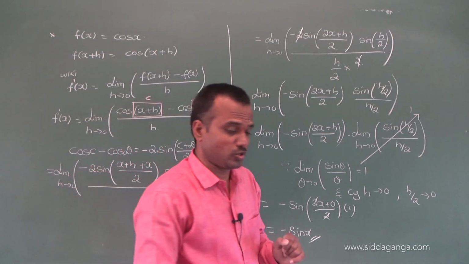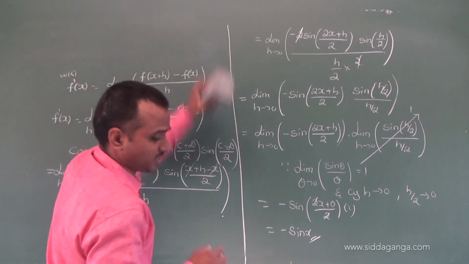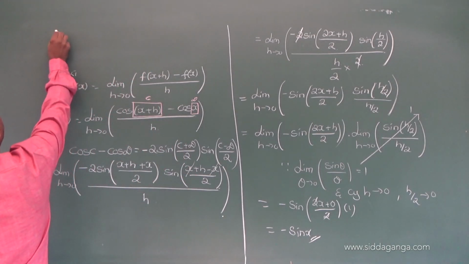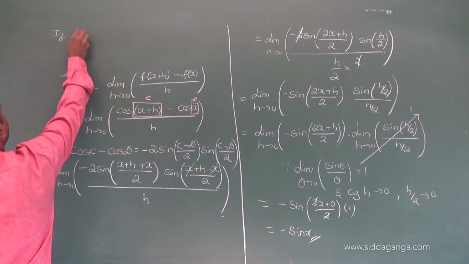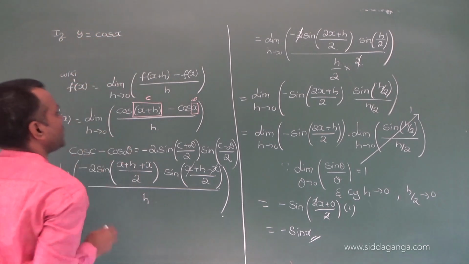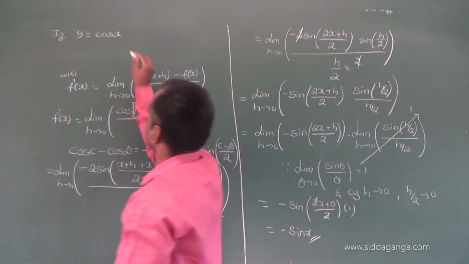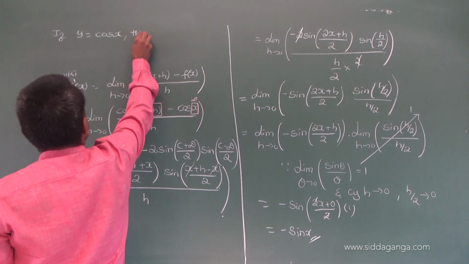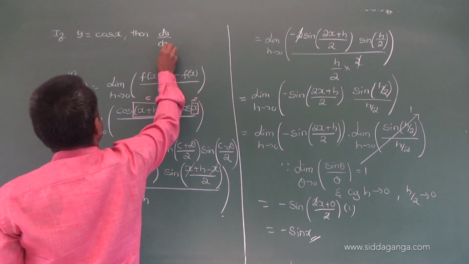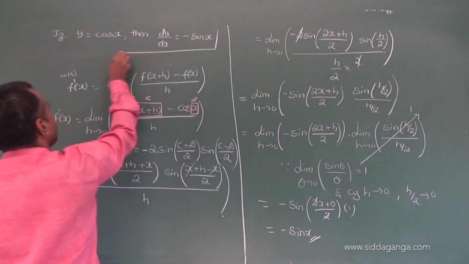Then what is the conclusion? The conclusion is a very important result. The second result is very important. One more formula we derive: if y is equal to cos x, then the derivative dy by dx is minus sin x, a very important result.